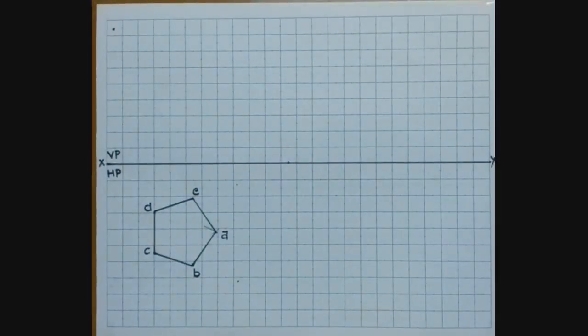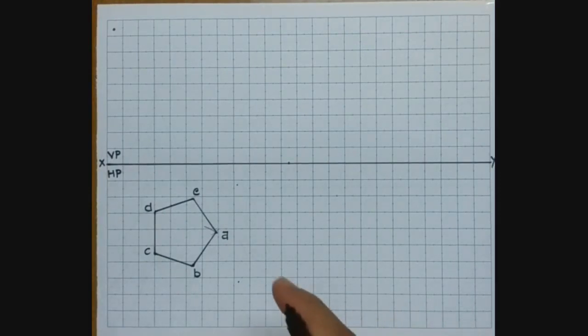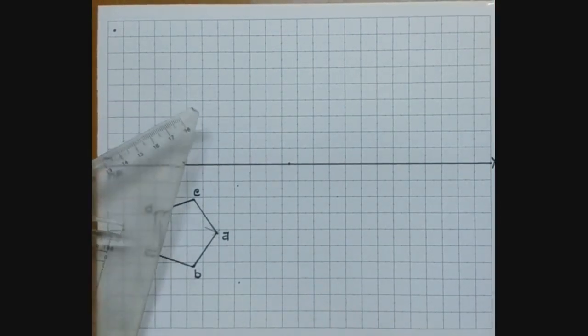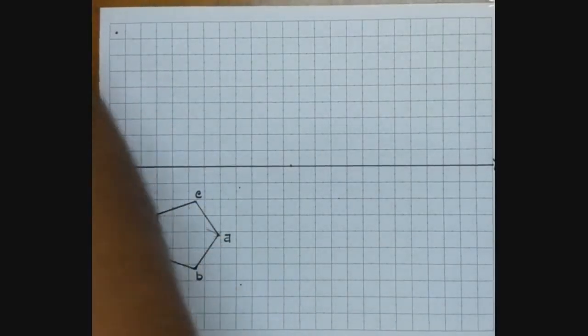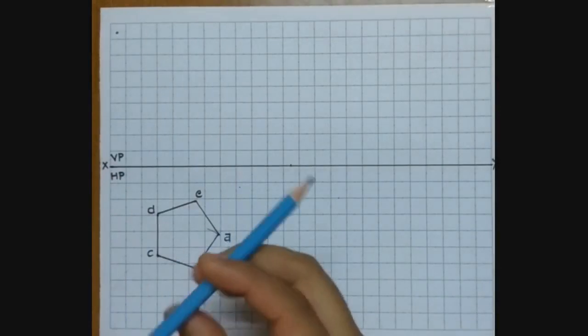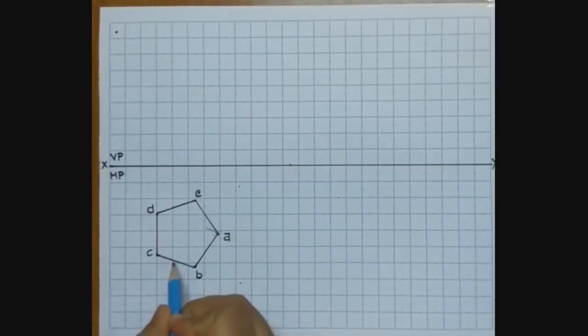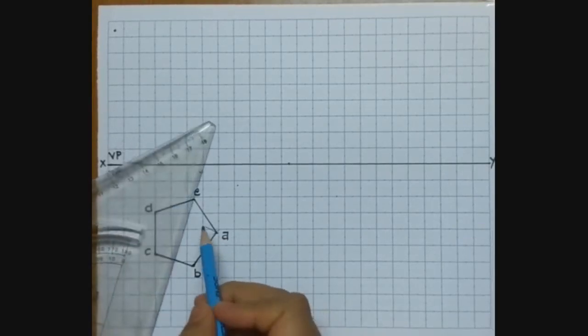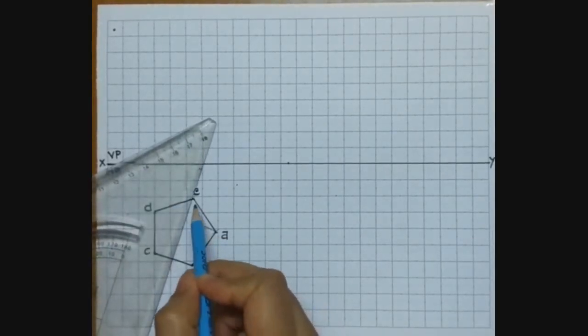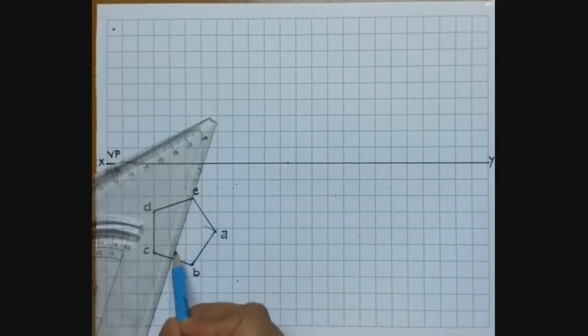And now I'm going to mark the center of the pentagon. I'm going to select any one of the corners and the center of the opposite edge, and draw the construction line.